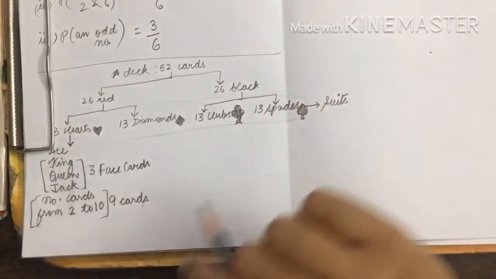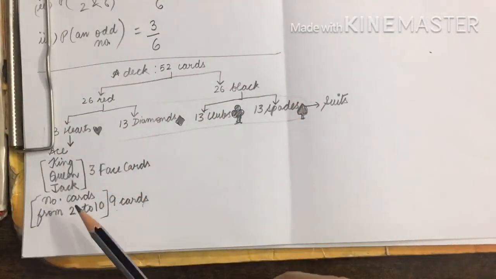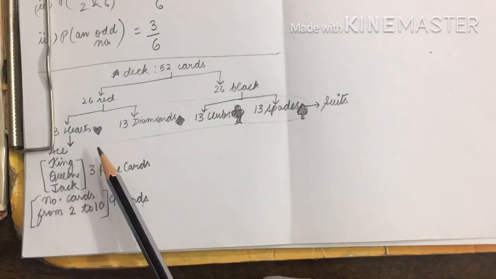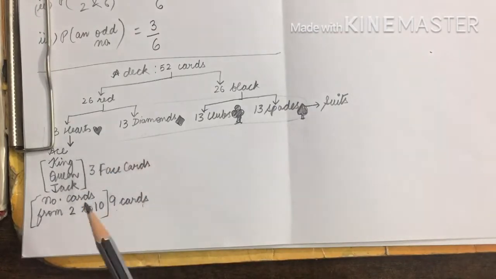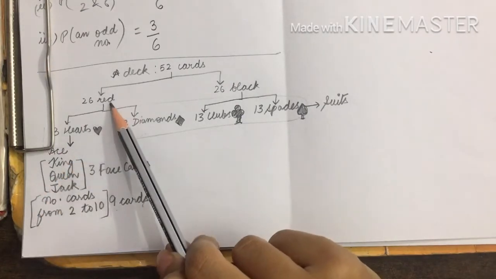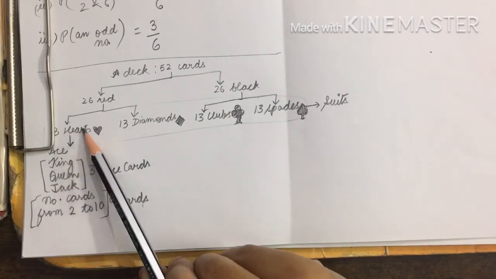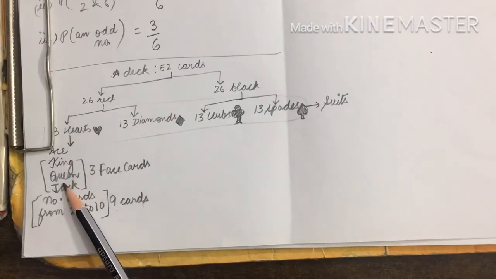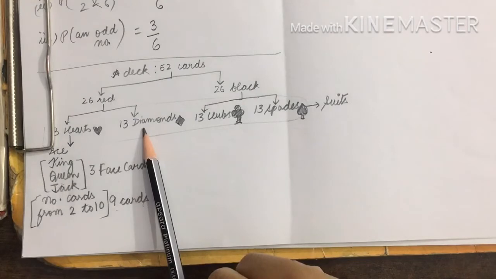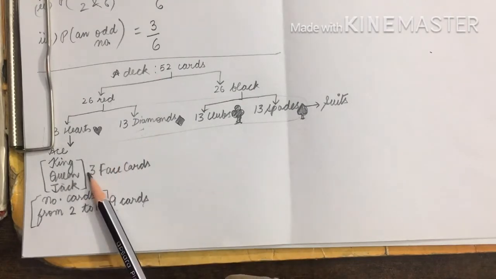Now the questions could be mixed up. They could ask you how many kings, how many red kings are there. So if you look at the red kings, the one with hearts is also in red, the one with diamonds will also be in red.